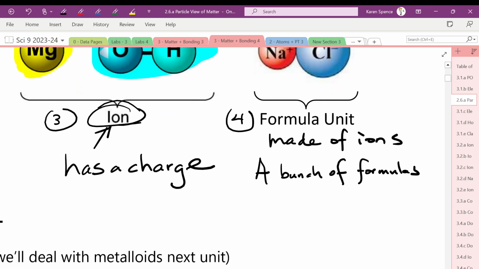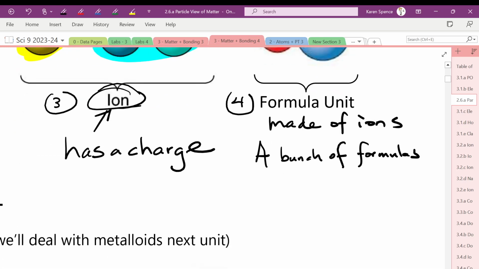Yeah, a bunch of formula units together is a crystal lattice.